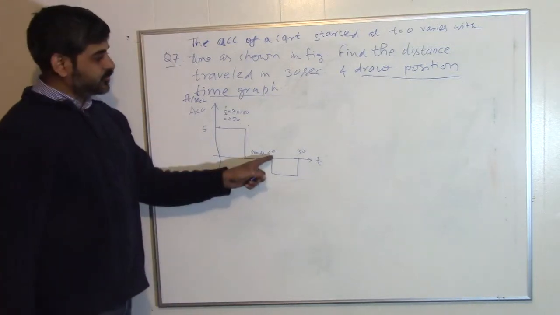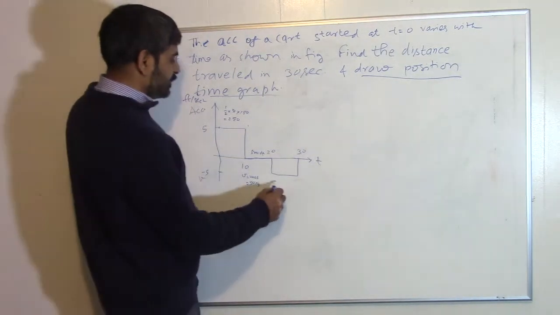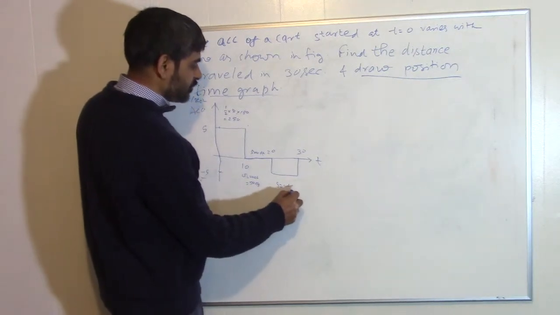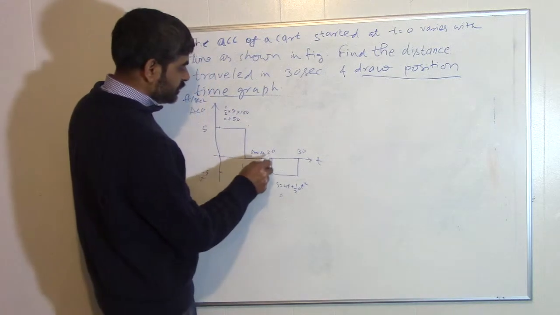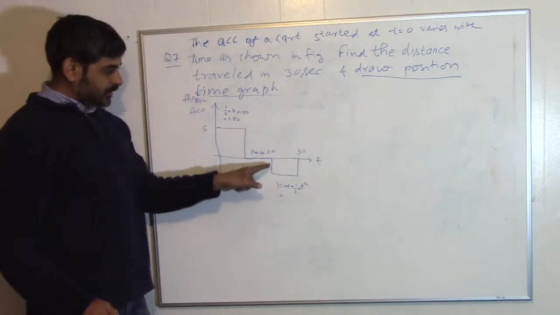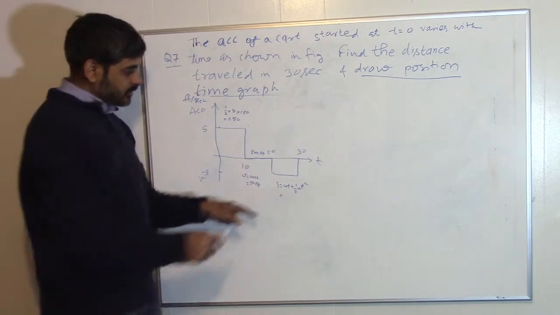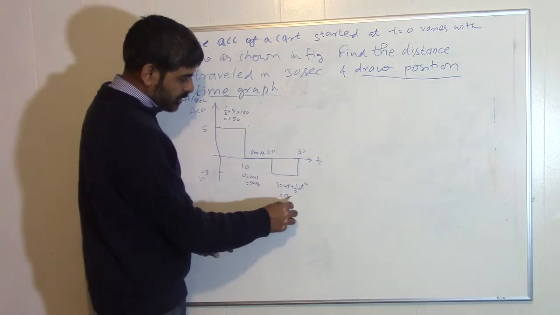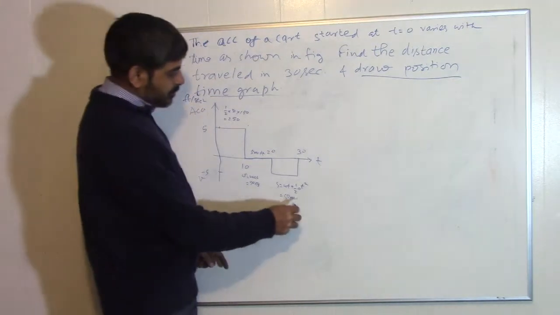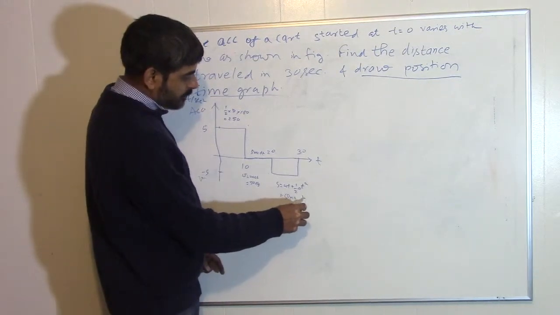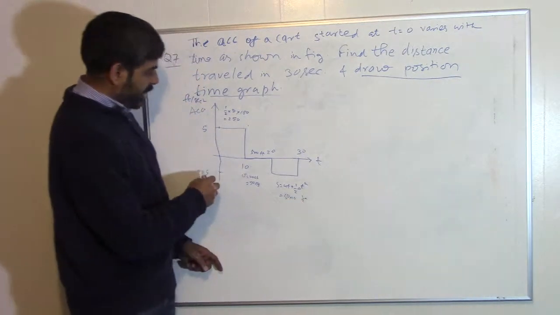And finally, in this position, you can apply again the formula s is equal to ut plus half at square. u you have found out as 50 feet per second, which is here as well as here. So 50 feet per second multiplied by time 10 seconds, and half, acceleration is minus 5.